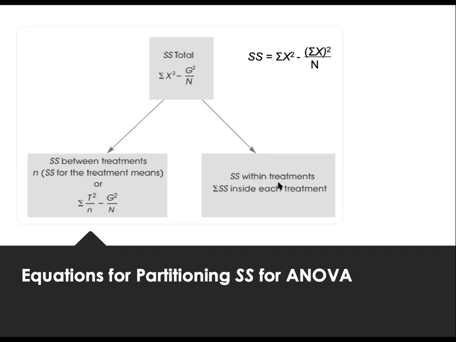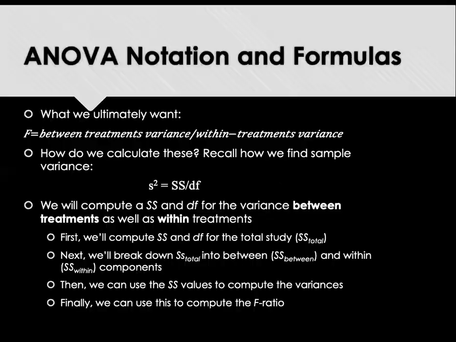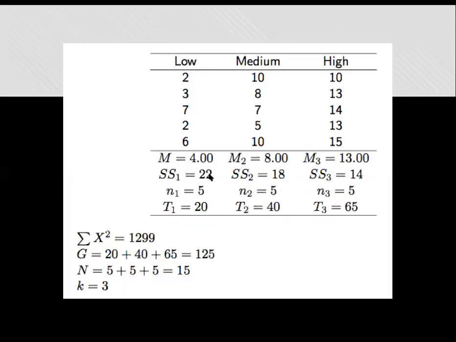I'm going to go back to that table real quick so you guys can see what I'm talking about. Here we have sum of squares 1, treatment level 1, sum of squares 2, 18, sum of squares 3, 14. So when we were doing the preparation work for our ANOVA in this stage, we already calculated those figures.